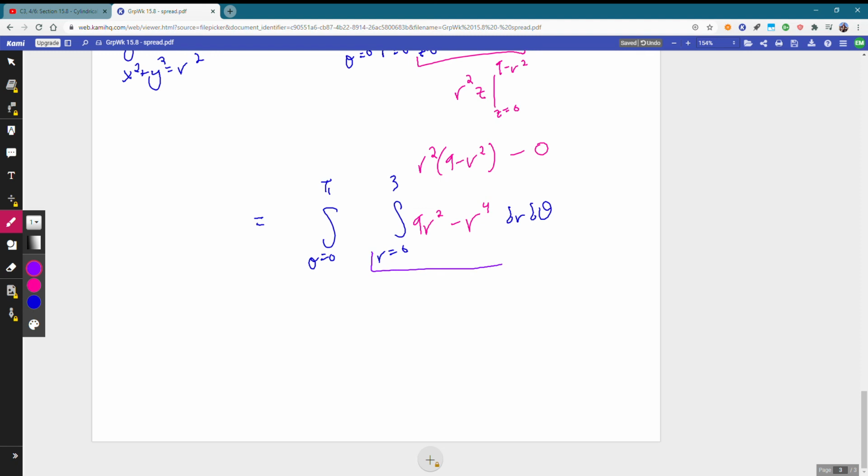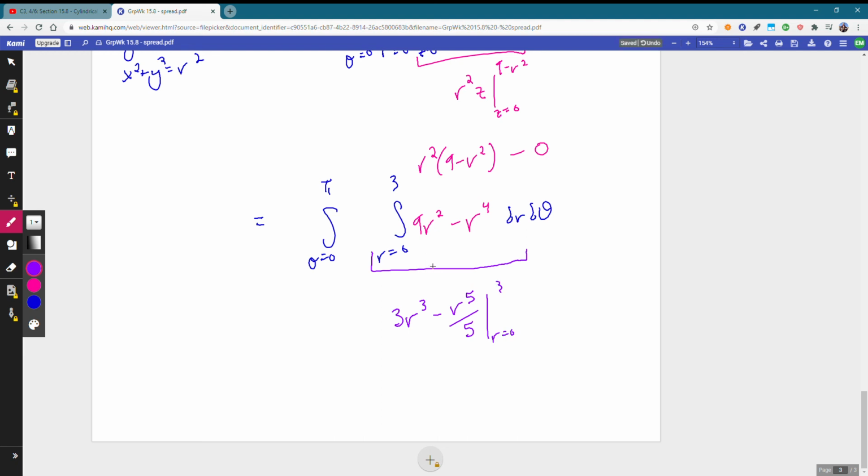All right, now working our r integral, we're going to get 9 r cubed over 3. So 9 over 3 will simplify. We'll get 3 r cubed minus r to the 5th over 5, evaluating from r equals 0 to 3.